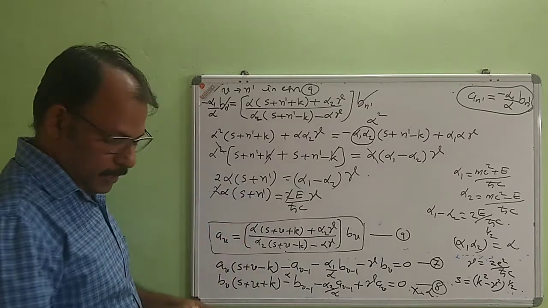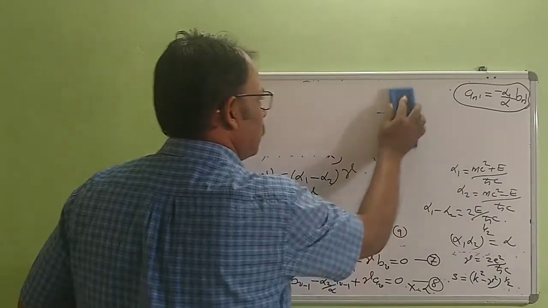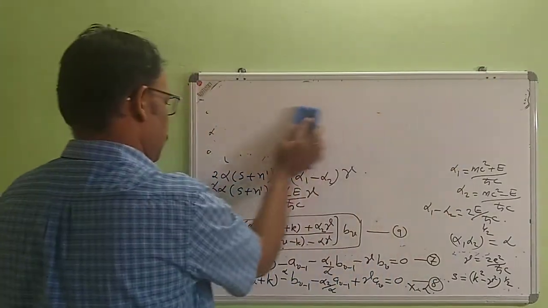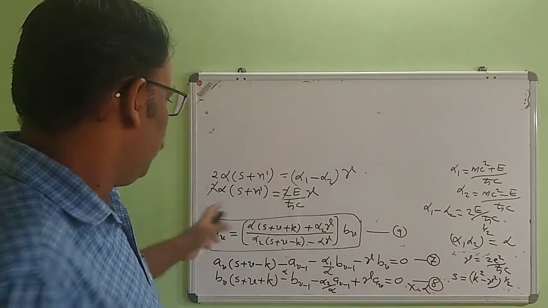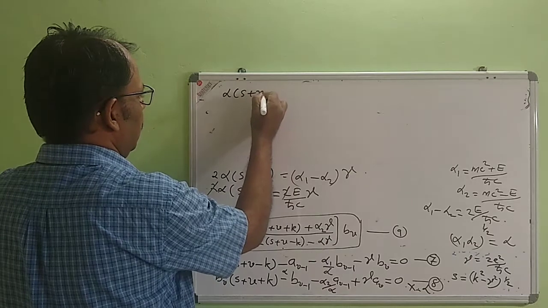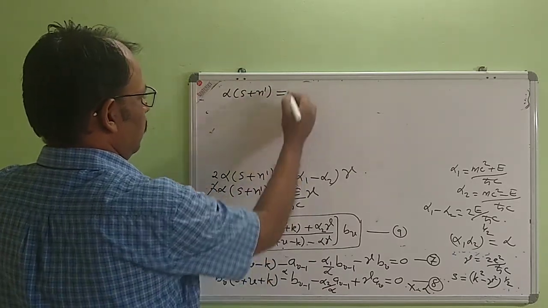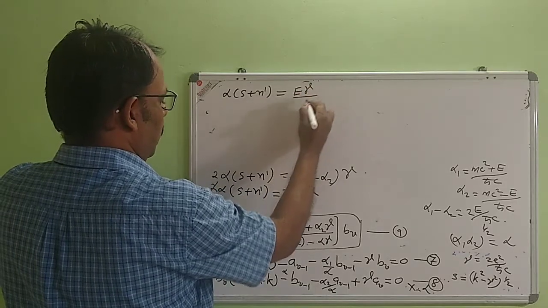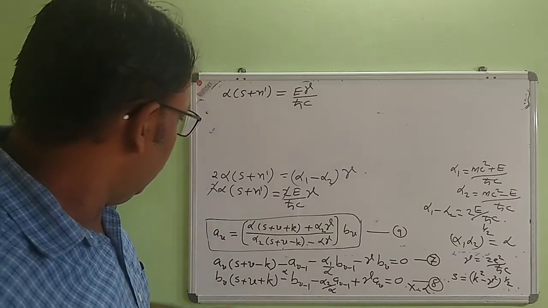Now from this equation 2 will get cancelled, so we will be having alpha into s plus n prime equal to E gamma by h bar c. So it is E gamma by h bar c.